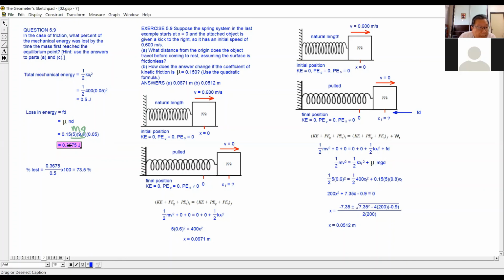So I use this number divided by the total, multiplied by 100. That will be the percentage used to overcome friction. So energy loss divided by total energy multiplied by 100. The answer is 73.5%. So a lot, huh? 73% is lost as friction, work done against friction.